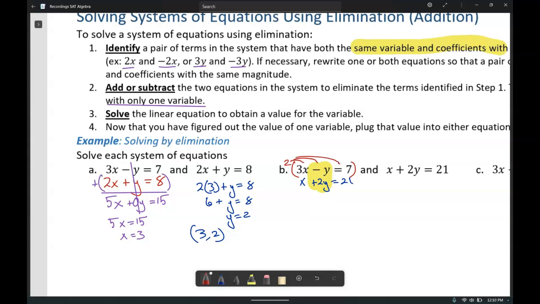We can distribute, and now we're going to get a new equation, 6x minus 2y equals 14. Now we can go ahead and add these two equations, and we don't need this one anymore. 7x, these two cancel, equals 35, x equals 5, and then we continue to solve like we have.